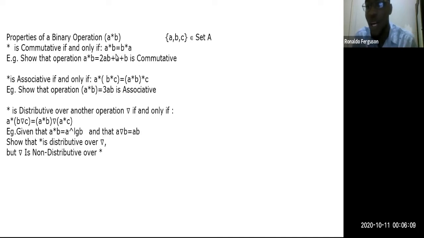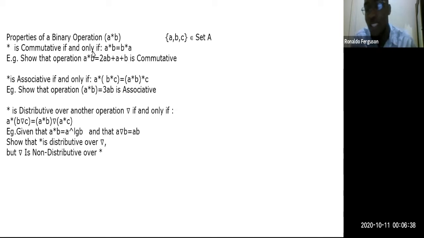We said that a binary operation is commutative if A star B is equal to B star A. That's when a binary operation is going to be commutative. So let's check it out. It says star is commutative if and only if. That's a biconditional statement from reasoning and logic, but we're not looking at reasoning and logic. Let's just get to binary operations.